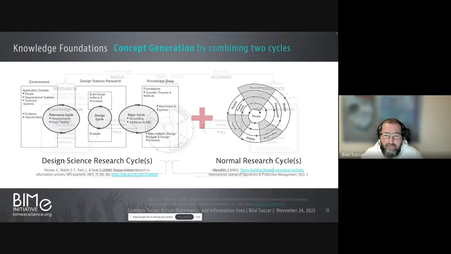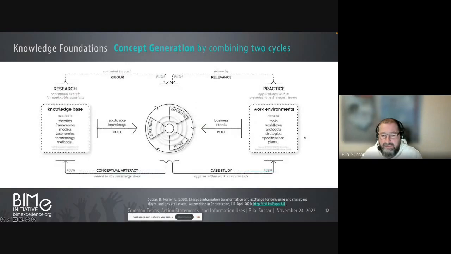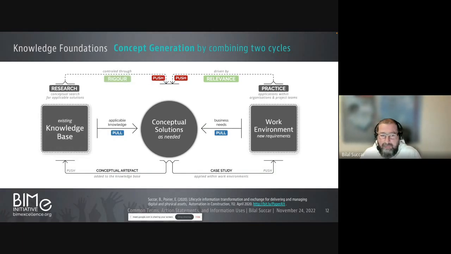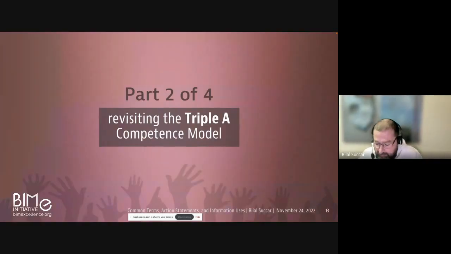By combining both, and there's a section about this in the latest paper with my colleague Eric Poirier, we use this combined model in guiding our research. It's going to be available for you if you're interested or have questions about it, but I'm just going to skip it because I think I'm already behind.